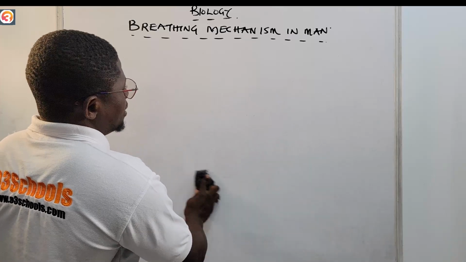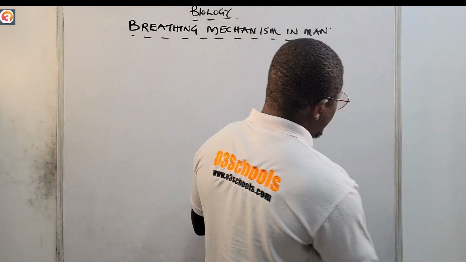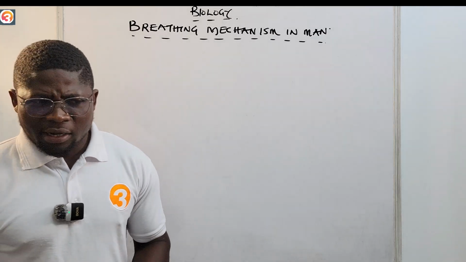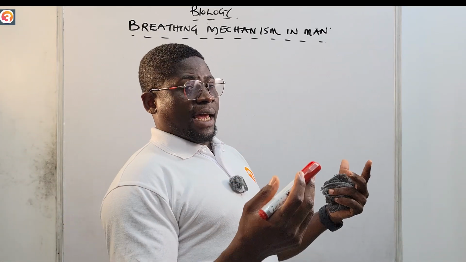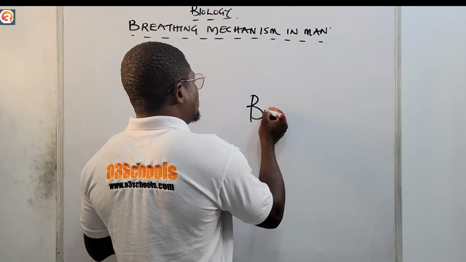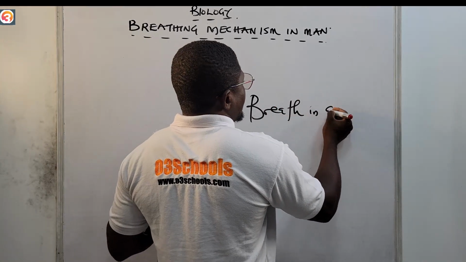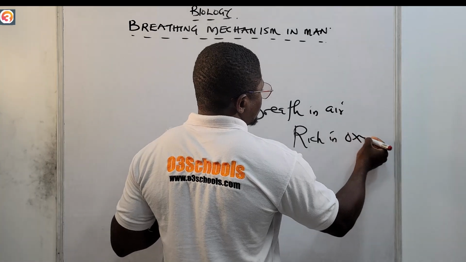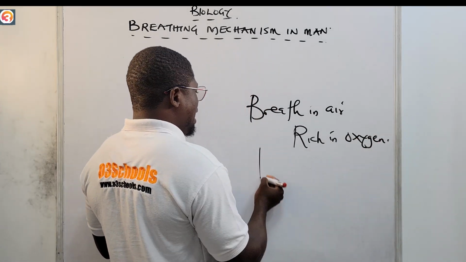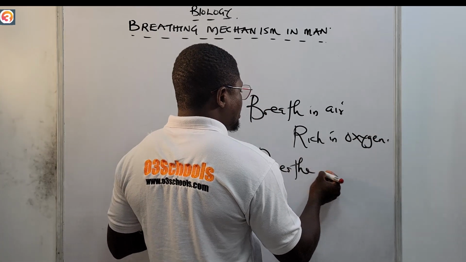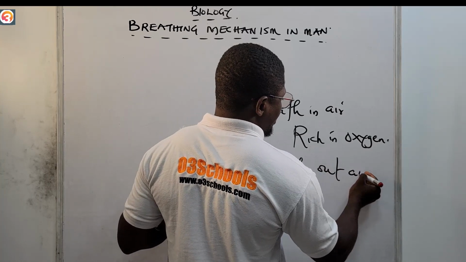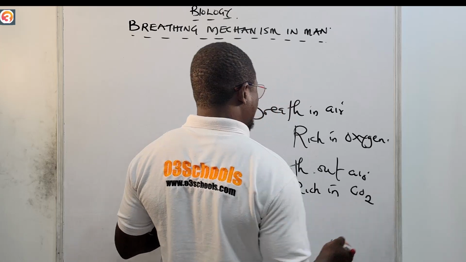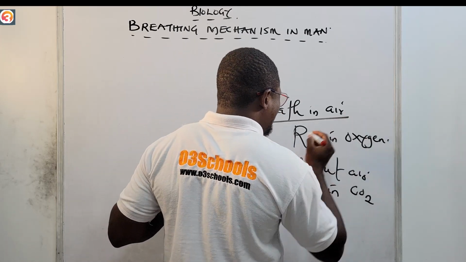Let us go to the breathing mechanism in man. We have already made the point that we breathe in air that is rich in oxygen, and we breathe out air that is rich in carbon dioxide.